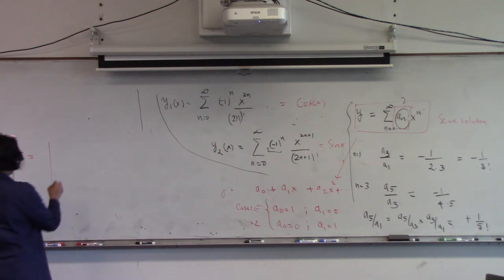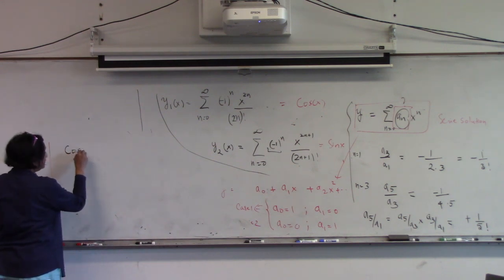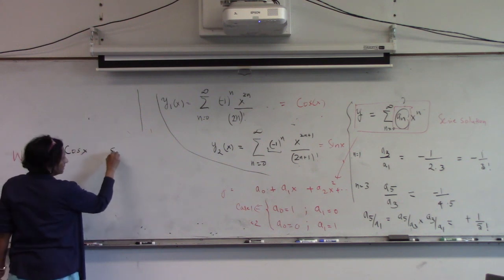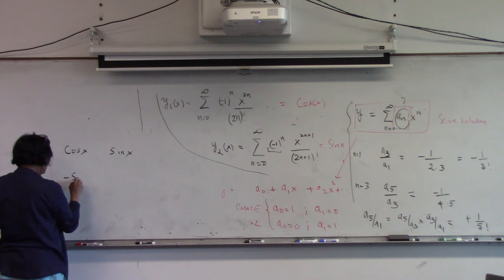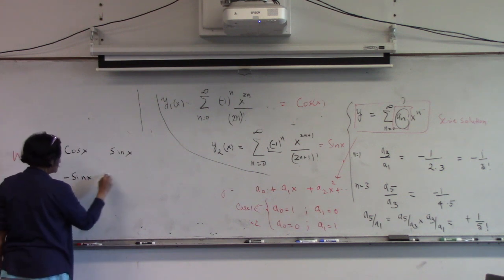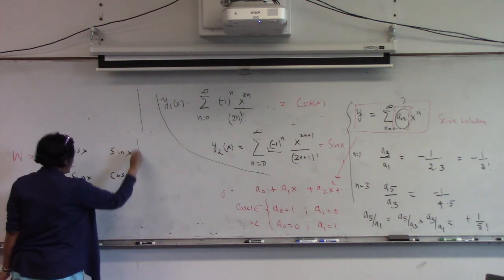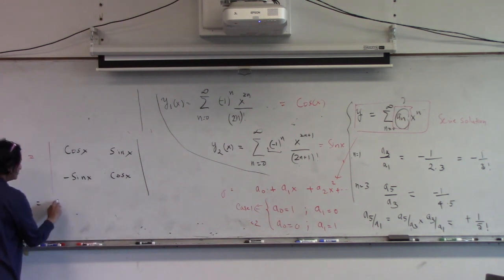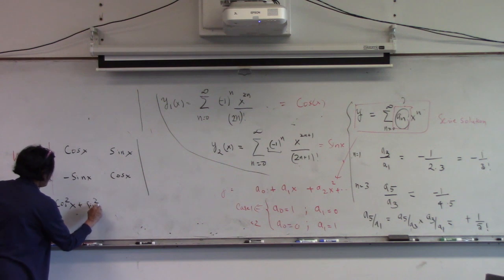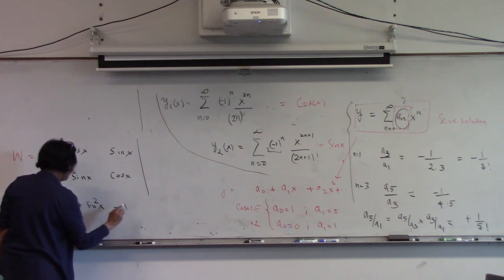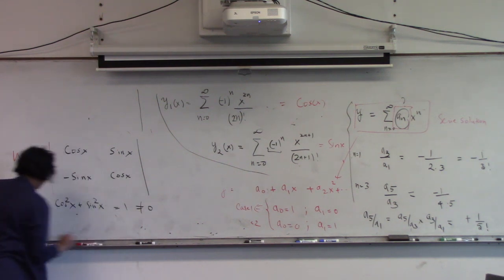So this is cosine of x, and then y1 prime is what? Cosine x, right? Which is nothing but cosine square x plus sine square x is equal to 1, which is not equal to 0.